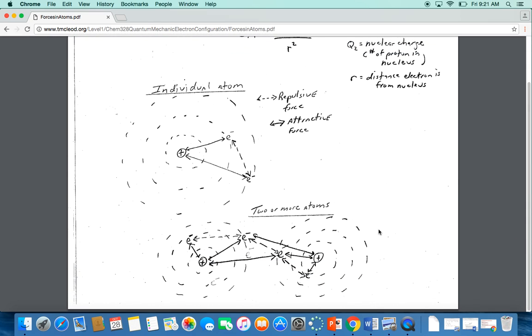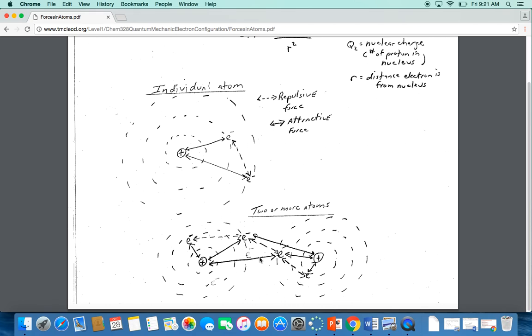But the big thing is when two atoms get close together. We'll look at the outside electrons, these two here, because that's what will actually move if they need to. This outside electron is being attracted to its own nucleus, but it's also being attracted to the other atom's nucleus, and of course the electrons repel each other.